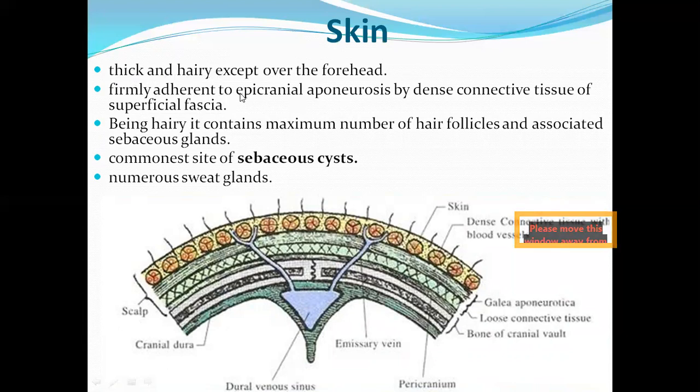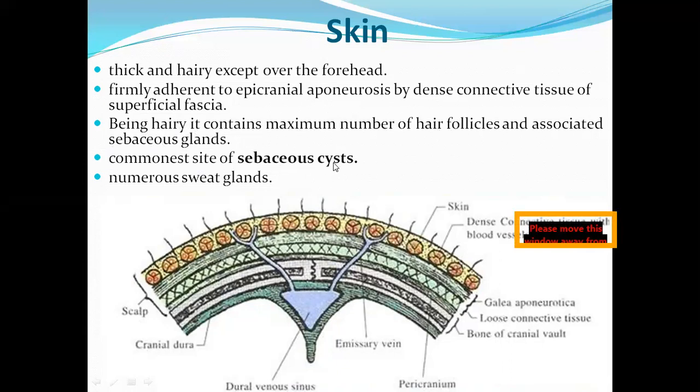It is firmly adherent to epicranial aponeurosis, that is the third layer, by dense connective tissue of superficial fascia. The first layer, which has a lot of hair, also contains the maximum number of hair follicles, and it is associated with sebaceous glands. So this is the site where infections are quite common, that is sebaceous cyst.